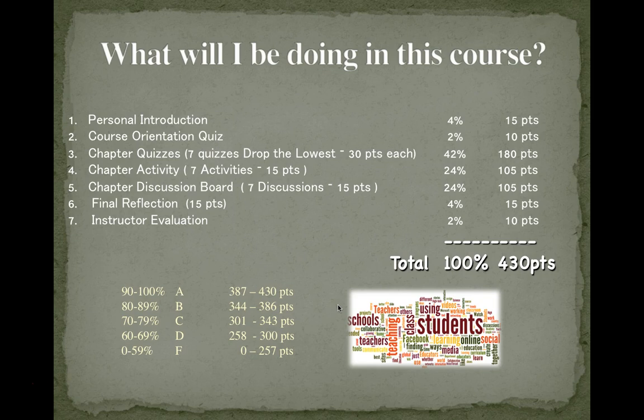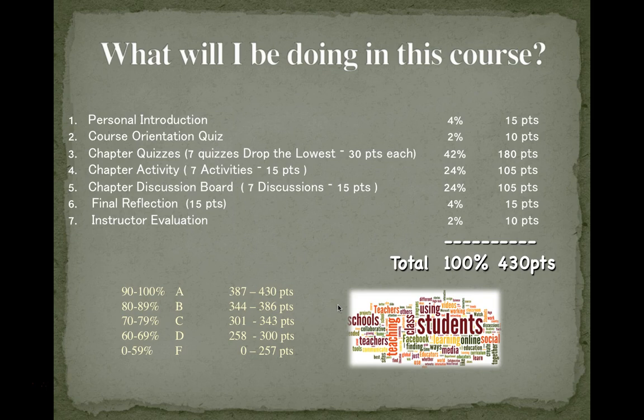And then as we go through the modules, you'll be taking 7 quizzes. We're going to drop the lowest grade, and then you'll be doing seven activities, but we're not going to drop the lowest grade on that one because those usually you can do real well on if you just complete the parts that we ask you to do.